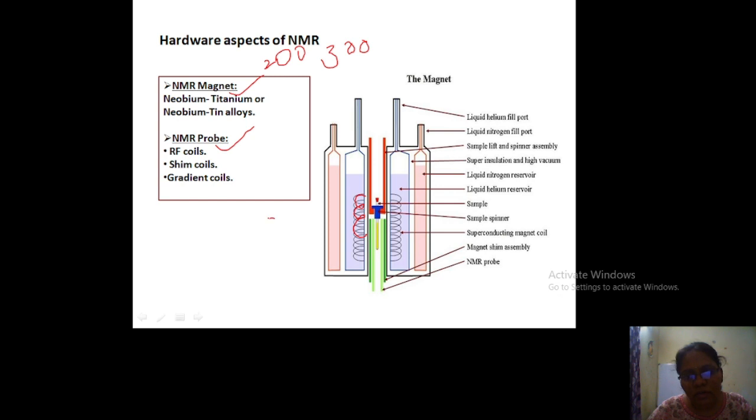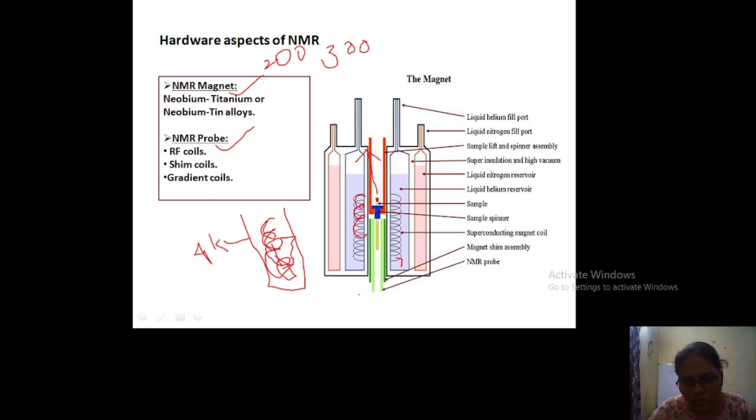Whenever a metal coil is placed in liquid helium, which is at a temperature of 4 Kelvin, the metal coil acts as a superconductor. So whenever you pass a current in this coil, it will generate a magnetic field of very high field strength in the direction perpendicular to the plane of the coil.